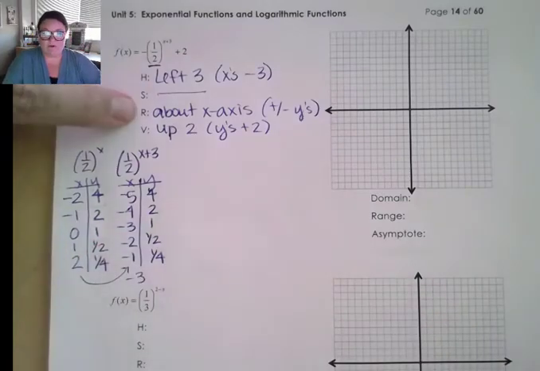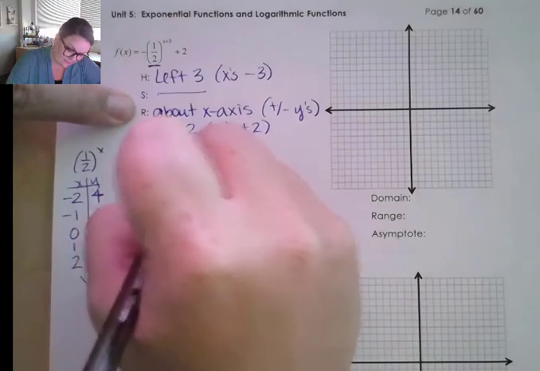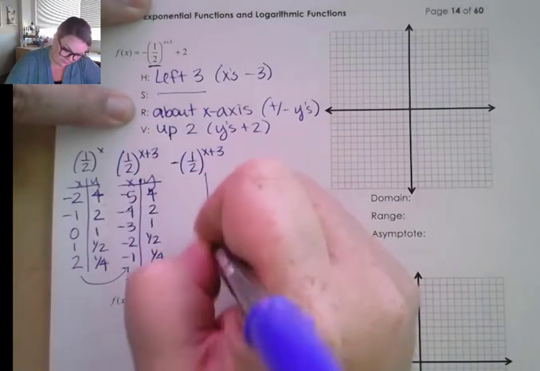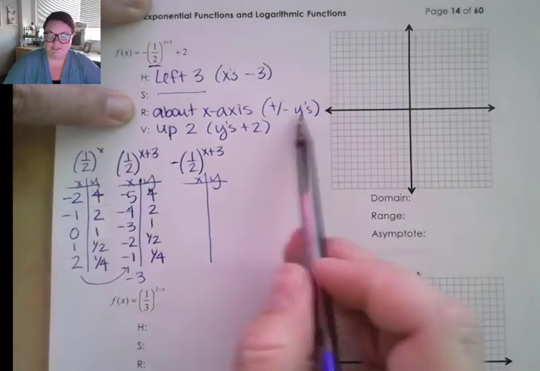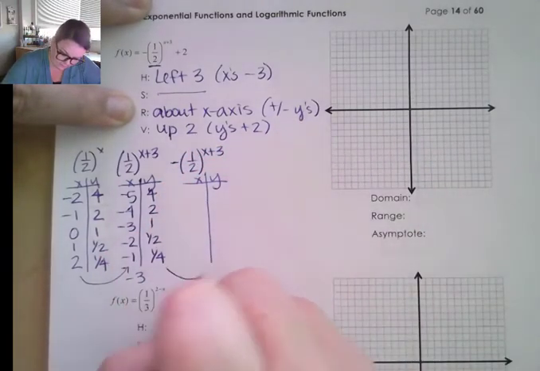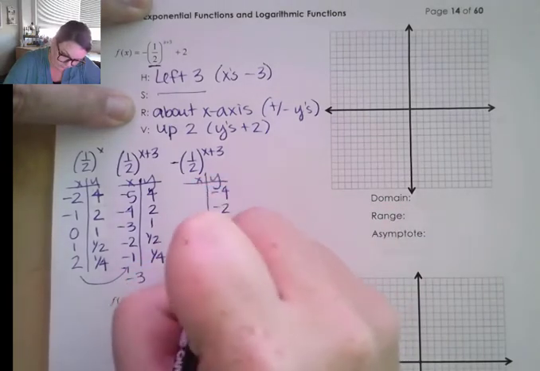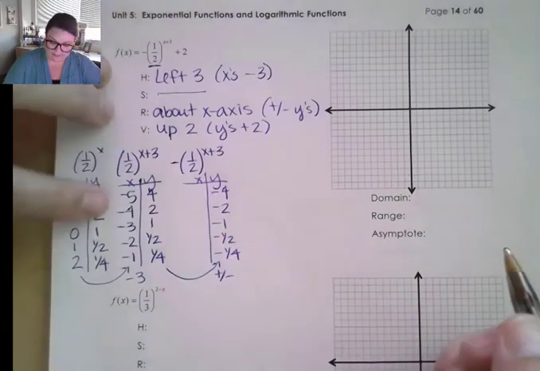Then we want to move on to our reflection. So now our function looks like -1/2 to the x + 3. And all we're going to do is change the sign of our y's. And our x's stay the same.